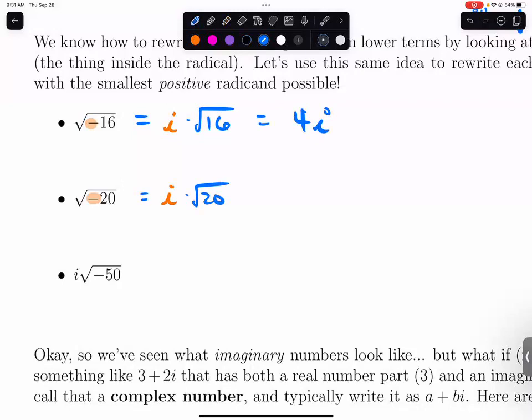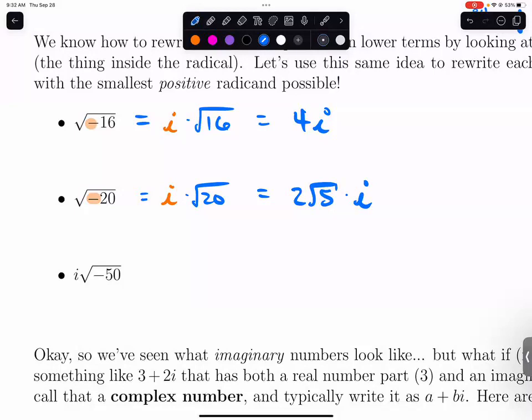And then I can break the square root of 20 down as usual, the way you would normally deal with the square root of 20, which is 2 square roots of 5, times i. Or 2i root 5, or i times 2 root 5. There are lots of ways you can arrange that because it's just multiplication. None of them really look that good, but just make sure the i is outside of the square root. That part's important.